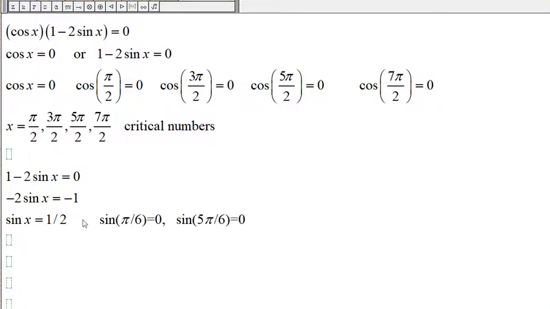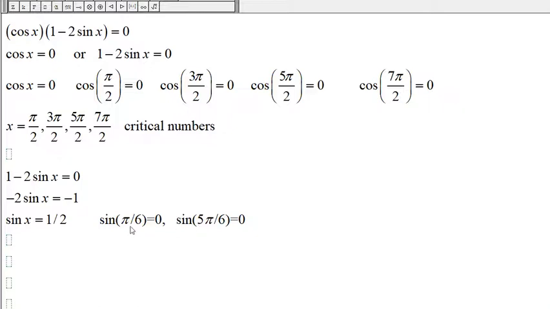And we know that sine of pi over 6, which is 30 degrees, is 1/2, and the sine function is only positive in the first and the second quadrant.